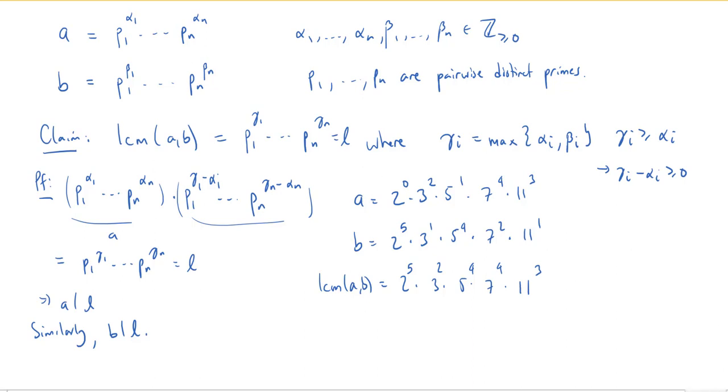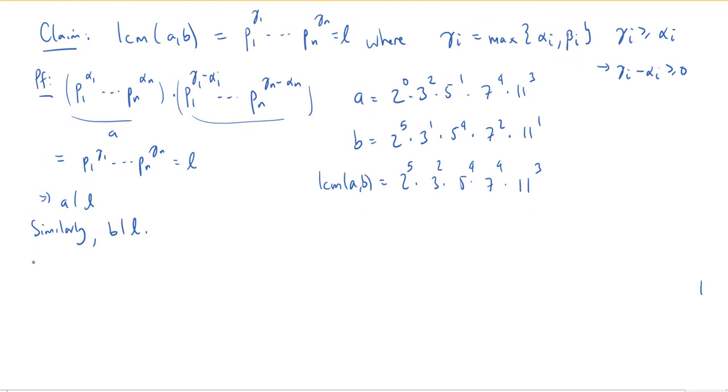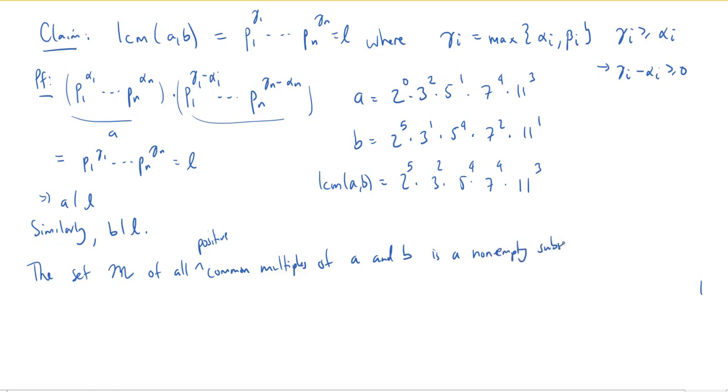Okay, so let's make an observation. The set, let's call it M for multiples. The set M of all positive common multiples of A and B is a non-empty subset of the positive integers.